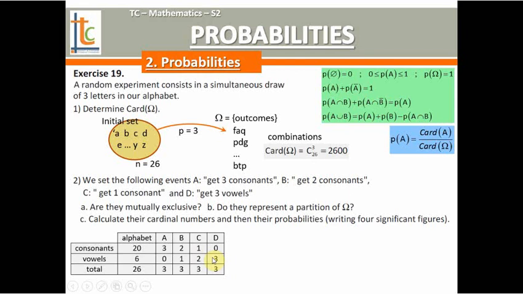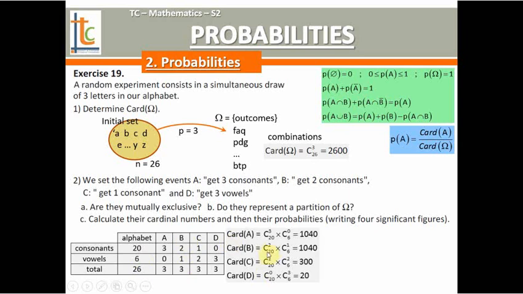And in the end, you are allowed to multiply both combinations. So for example, if you want the cardinal number of A, you have to calculate C(20,3) times C(6,0). That means that you want to calculate the number of ways to choose 3 consonants among 20, multiplied by the number of ways to choose no vowel among 6.